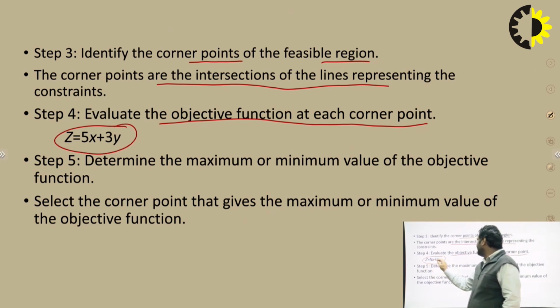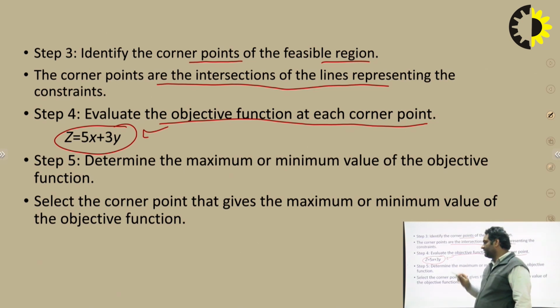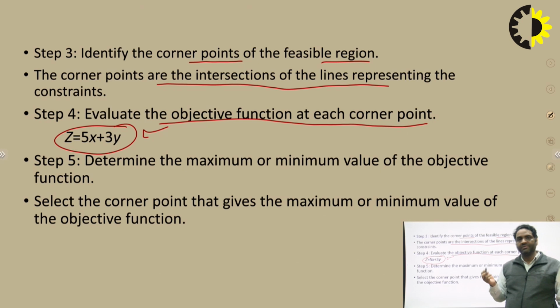plus 3y. As this is our objective function, by evaluating at all corner points, we get the maximum or minimum result. In this particular problem, we need to find the maximum result. So we will apply all these corner points to this objective function, and we get the maximum value.